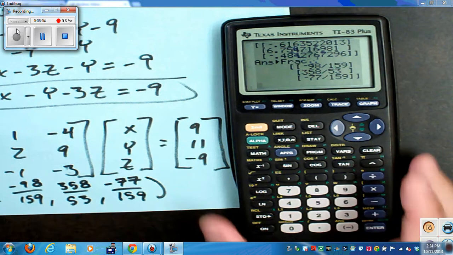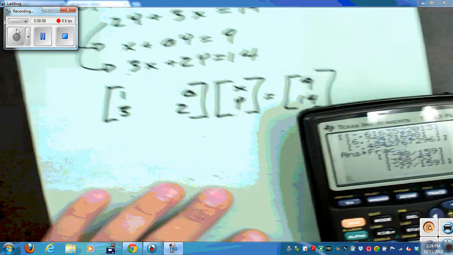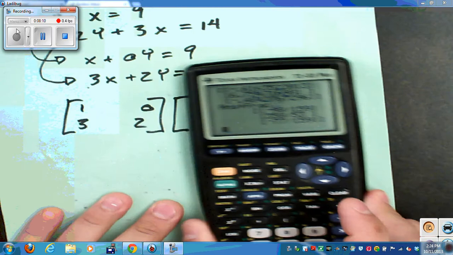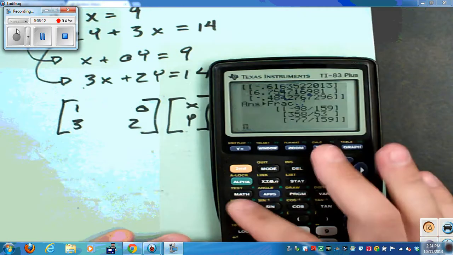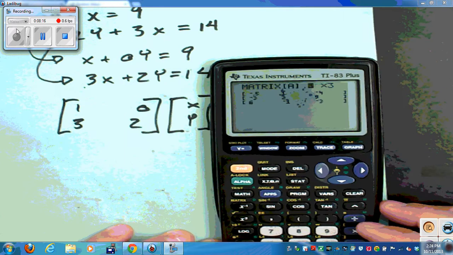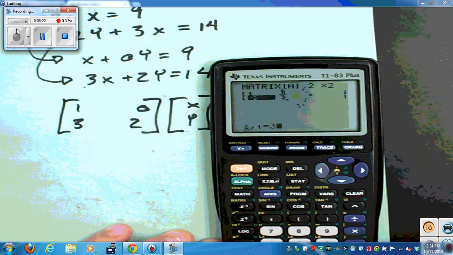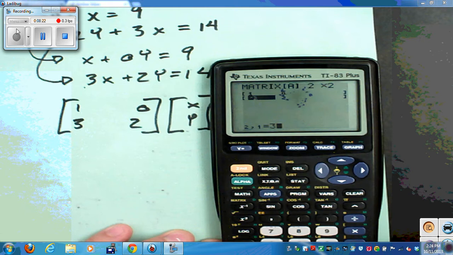Now for the last one. We're going to go in and edit the matrix. Edit matrix A. A is now a 2 by 2. My values are 1, 0, 3, and 2. Quit. Go back to matrix.